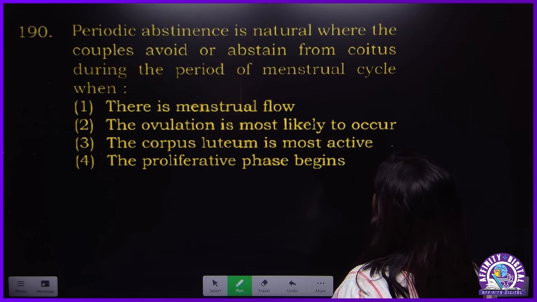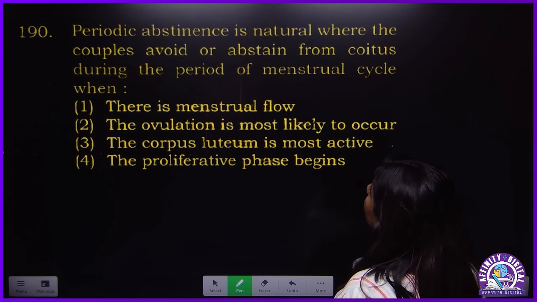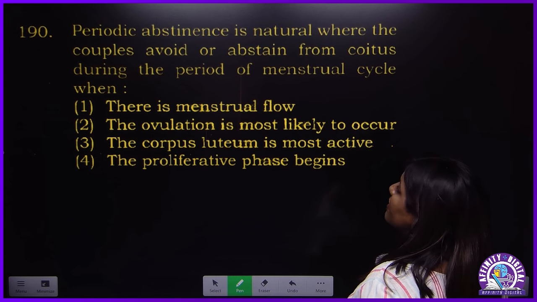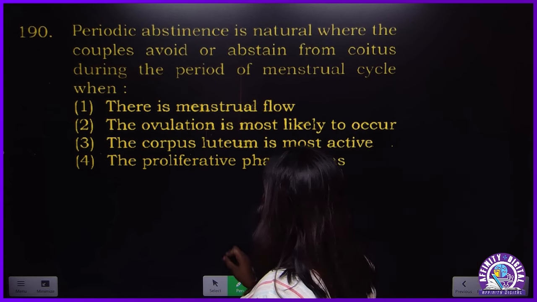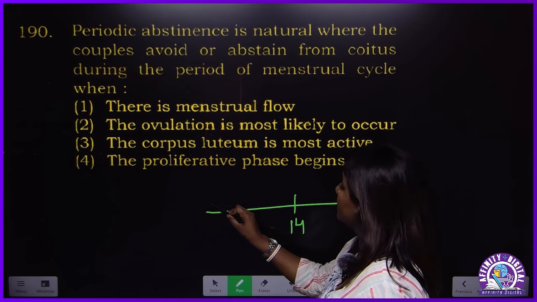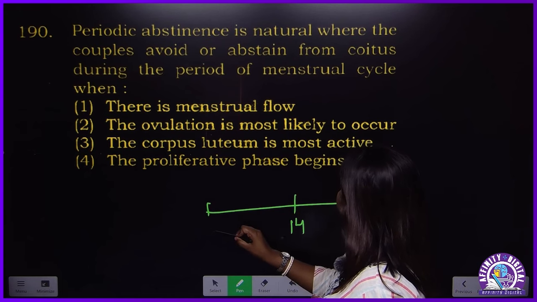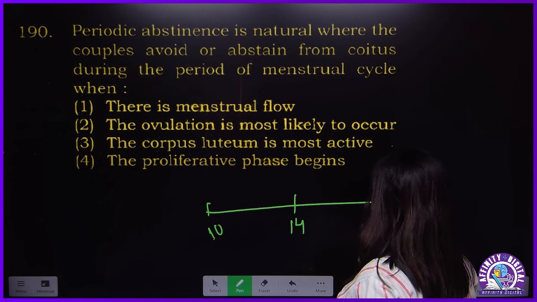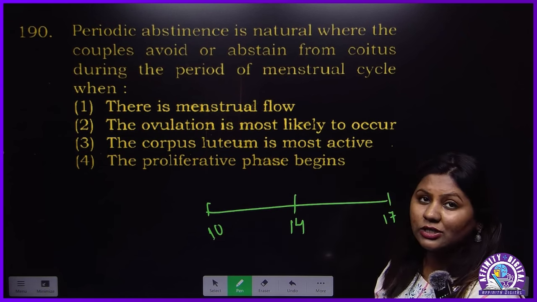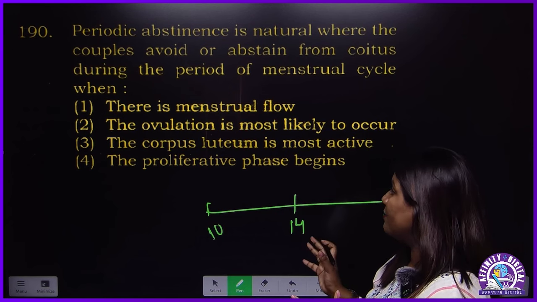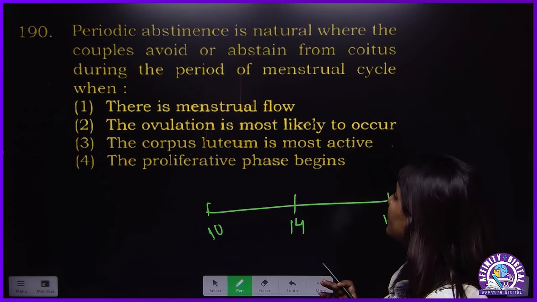Periodic abstinence is natural where the couple avoid or abstain from coitus during the period of menstrual cycle. There is a fertility period that extends from the 10th day to 17th day. इस दौरान ओव्यूलेशन का चांसेस बहुत हाई रहता है, जिस वजह से सेक्सुअल एक्टिविटी से एब्सटेन किया जाता है.